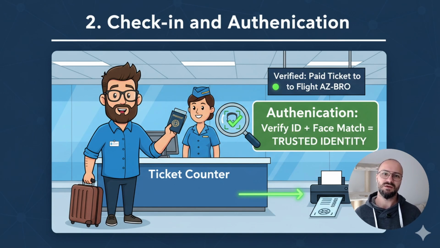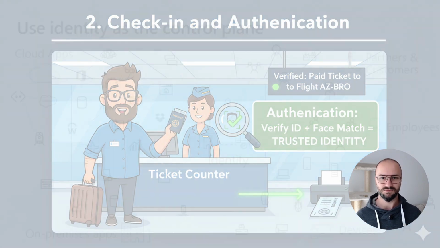After verifying that your picture matches your face, so the authentication, the agent looks up your flight in their system and verifies that you have paid for that ticket. And assuming that everything is in order, you receive a boarding pass, which you take to the gate. Not any gate, but the one for your flight.